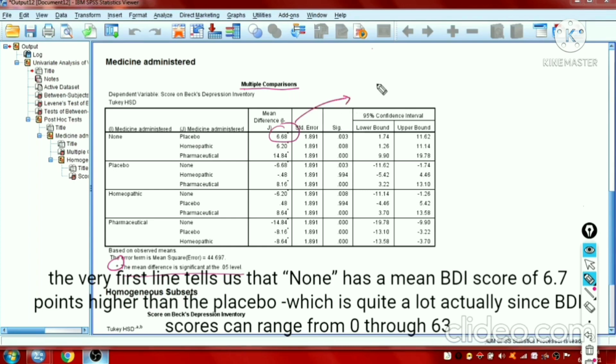Here in this case, none and placebo have different BDI scores.